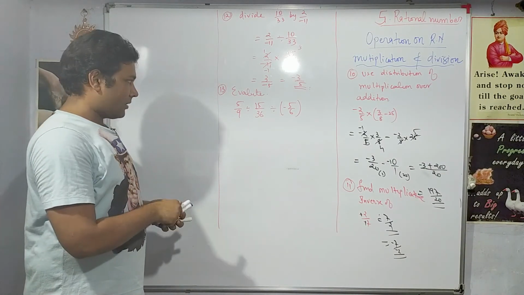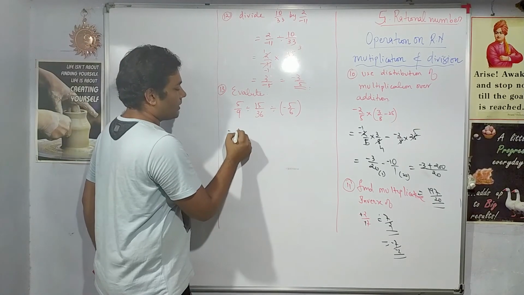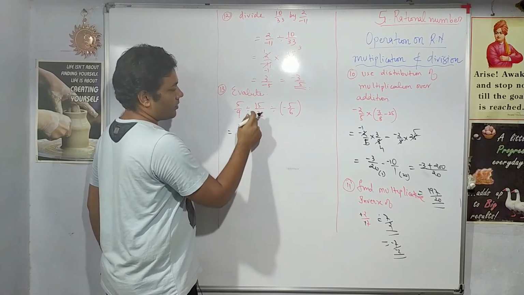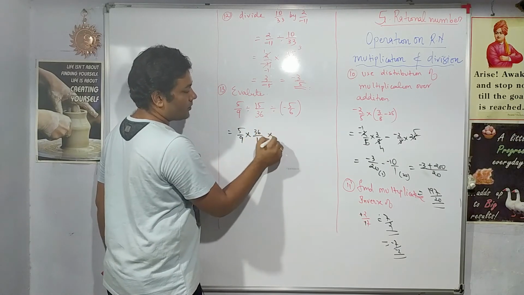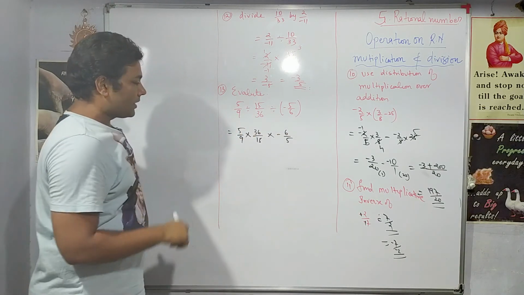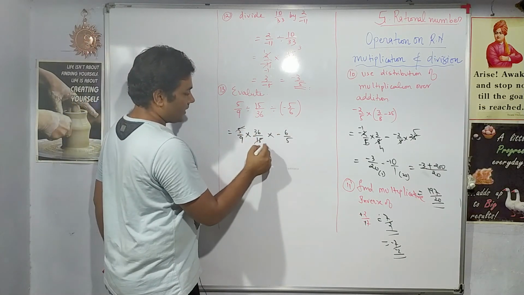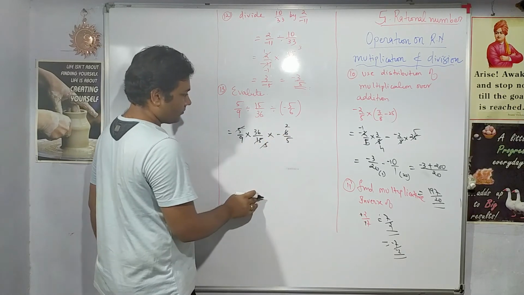So let us start. So as you know, convert division into multiplication. So the next number becomes reciprocal. Here again you convert into multiplication. This number will become reciprocal. Now it is very simple. 5 3s are 15, right? 3 2s are 6.